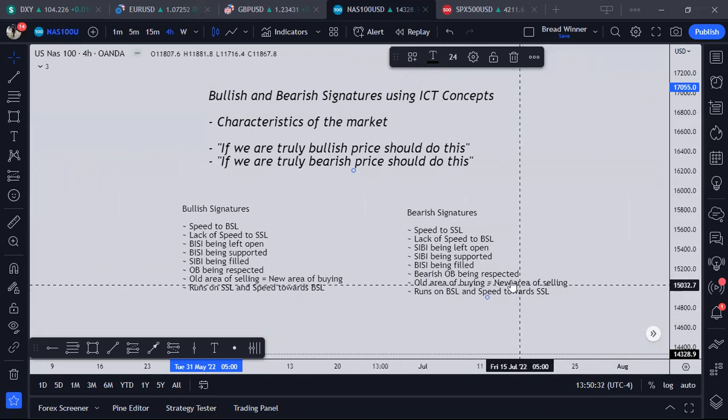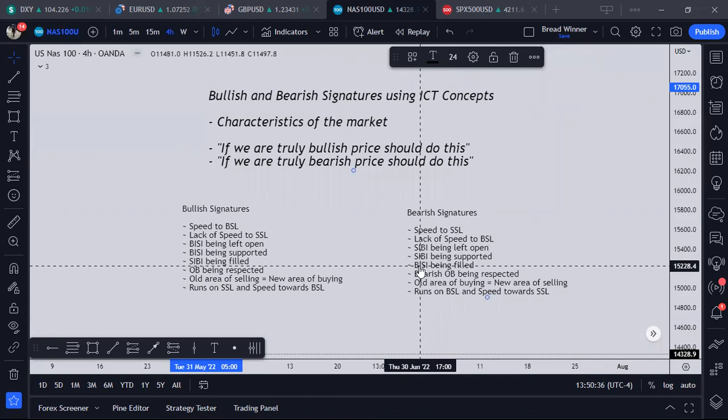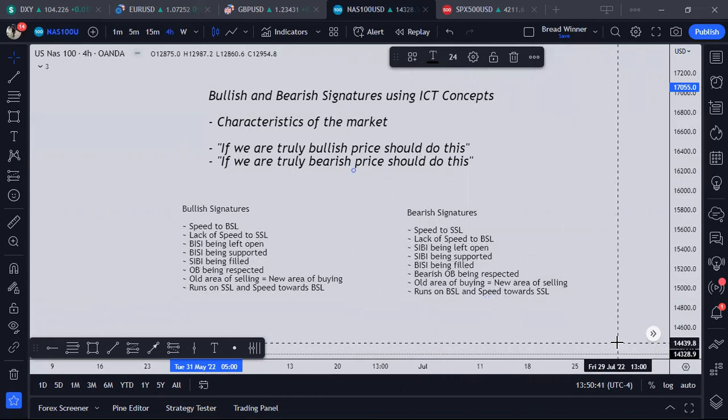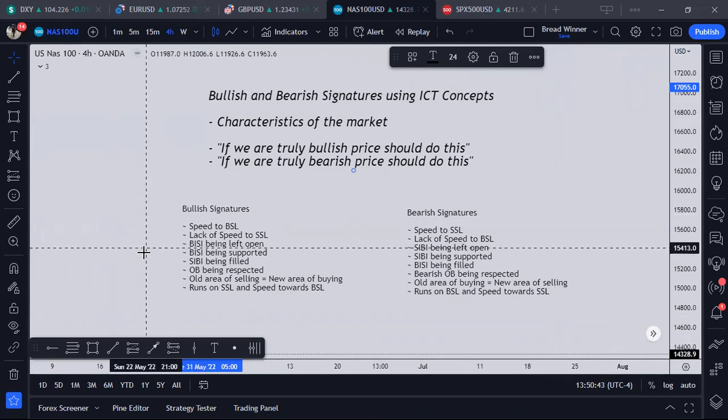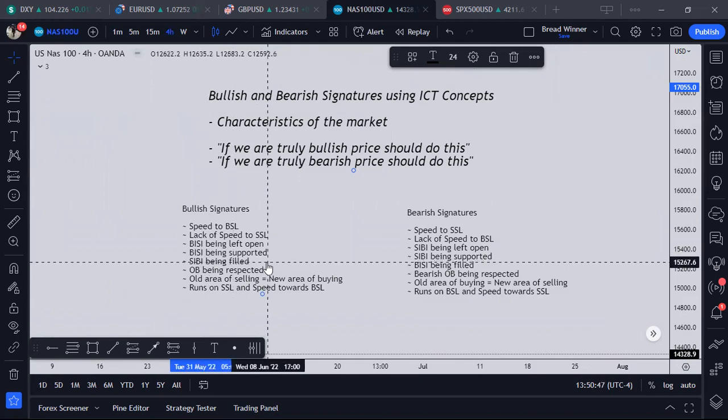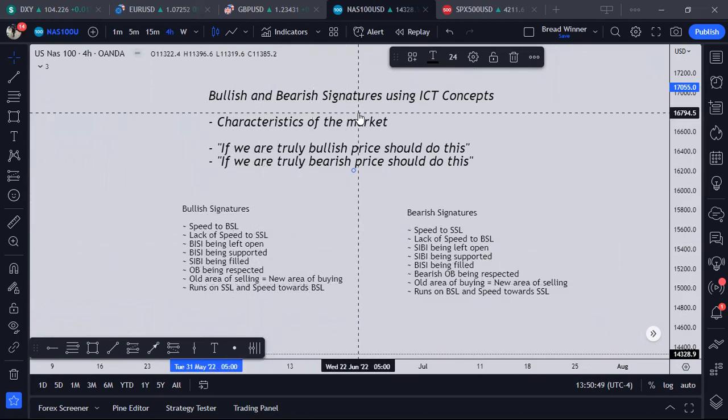So if we're truly bearish and we fully fill in a BISI, we can draw that BISI out in time and we could look at that as a resistance level. Same way with bullishness. If we're truly bullish, the SIBI should be filled and we can draw this out in time and use that as support.